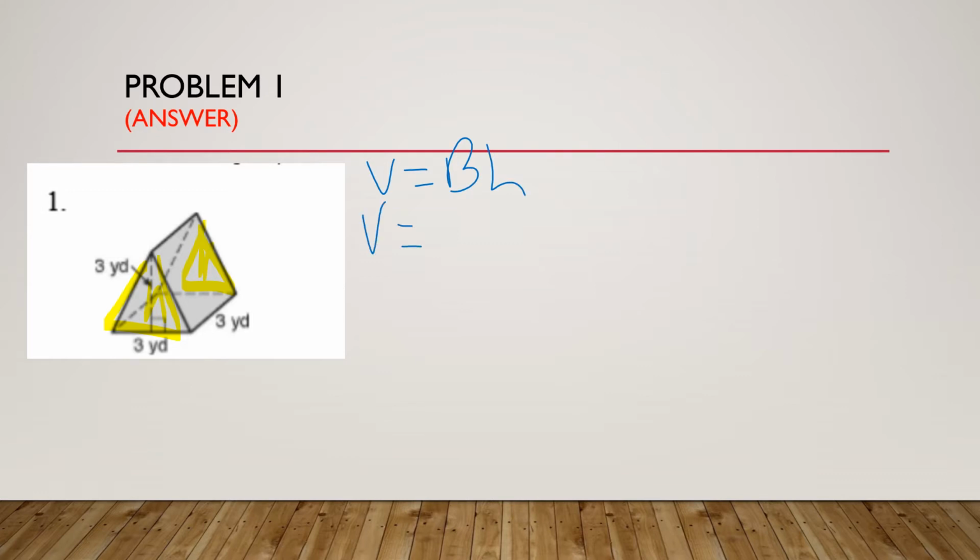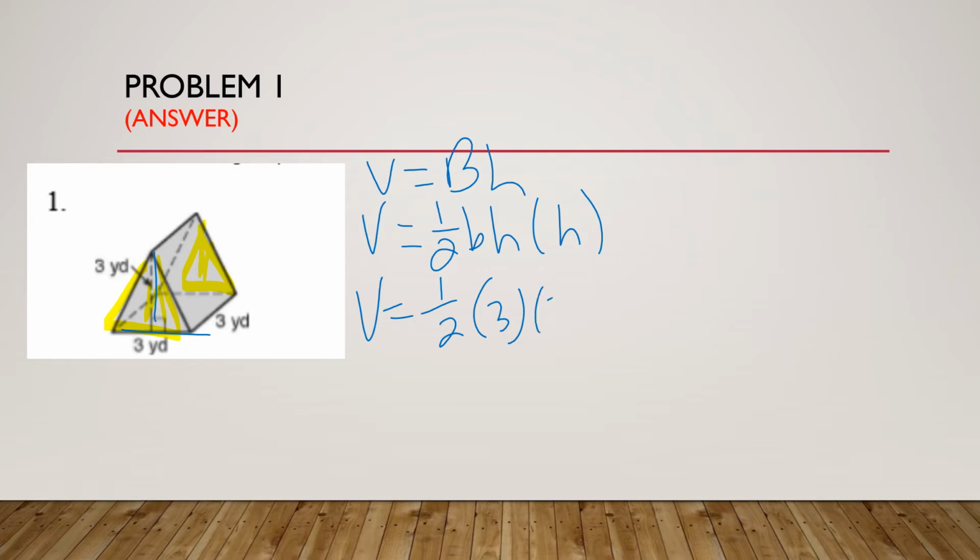Our base is a triangle, so it's going to be 1/2 base of the triangle times height times the height of the prism. So we're going to have 1/2 times 3, the base of the triangle, times 3, the height of the triangle, times 3, which is the height of our prism.